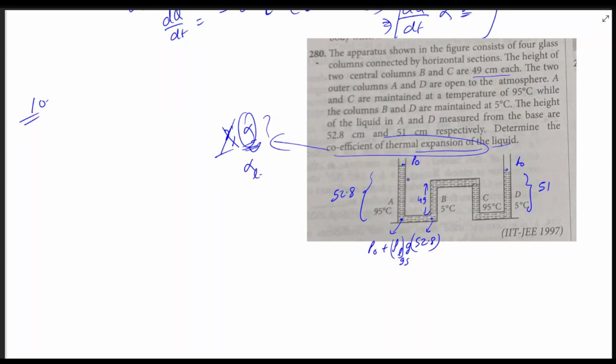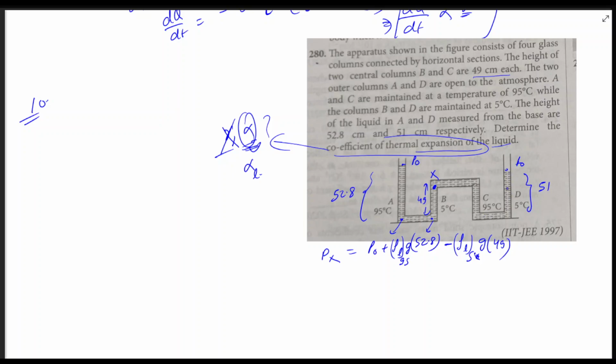If you go down, the pressure adds up, but if you go above, the pressure decreases. So we'll write minus rho of liquid at 5 degrees Celsius, G into 49. So this is the pressure here, and we'll write this point as x. So pressure at x is this.